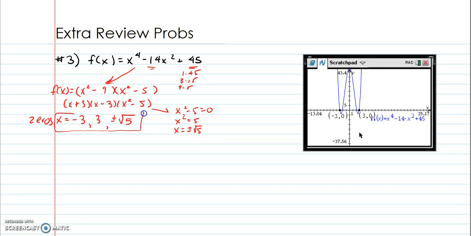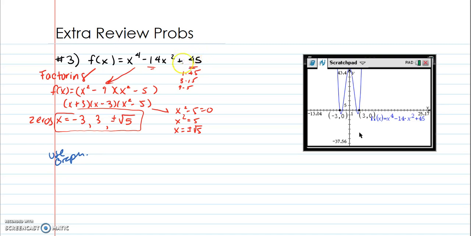So here's the process of factoring that. This red will say is factoring. And then what we'll do in blue is what will happen if we use the graph.